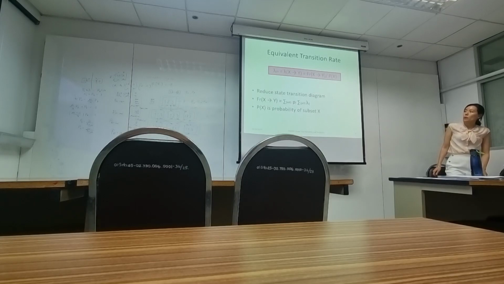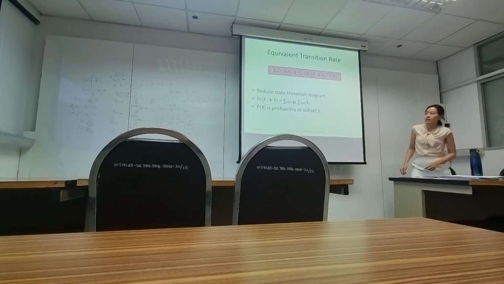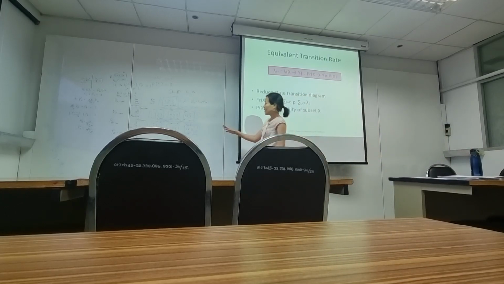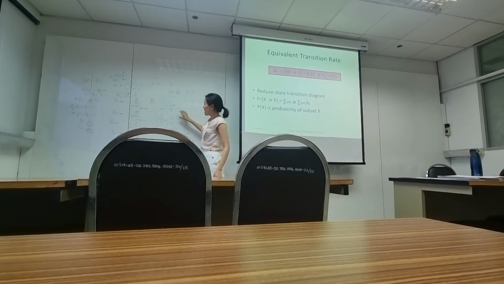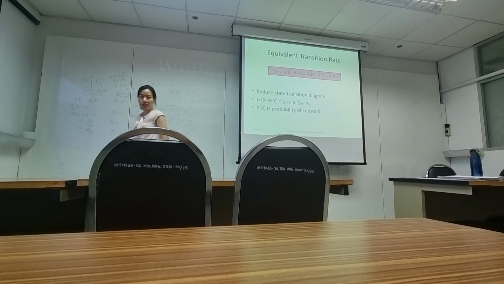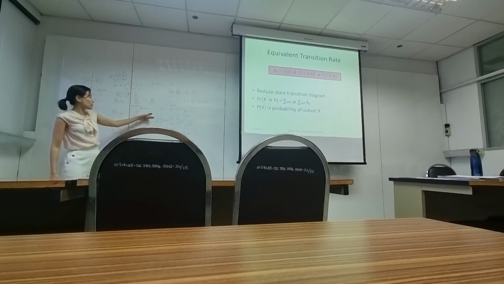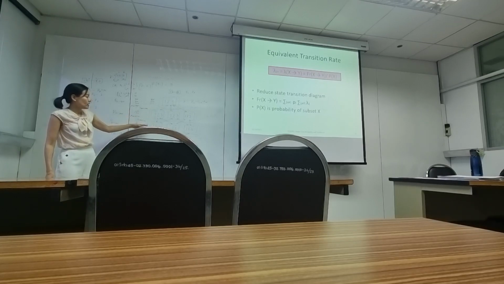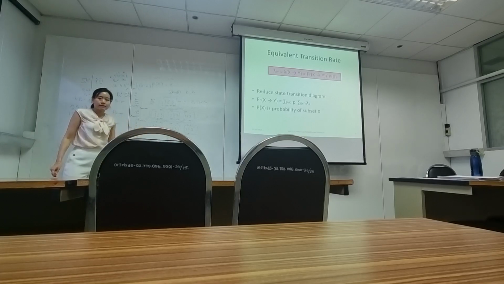So the frequency has the purpose of helping us to reduce the state transition diagram, combining states with the same characteristic. What are the characteristics? It produced 100, it produced 200, and it produced 100 right here. So we want to combine that.